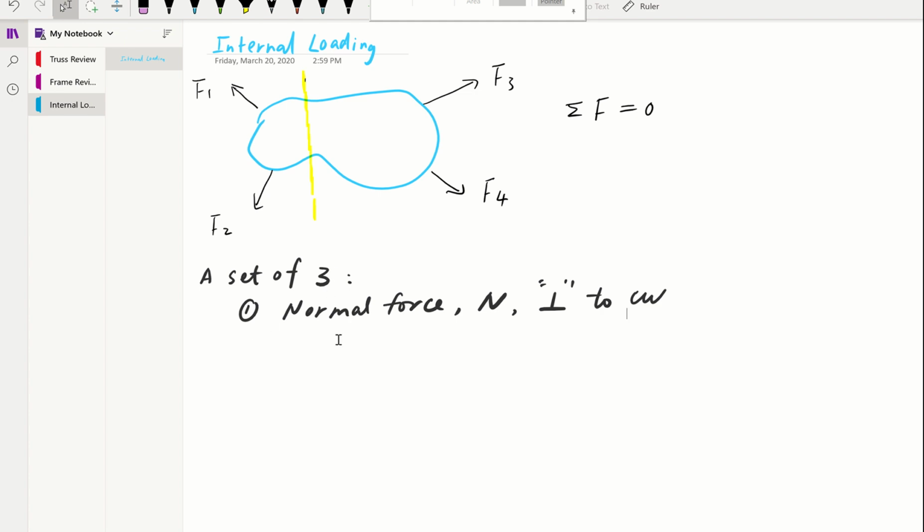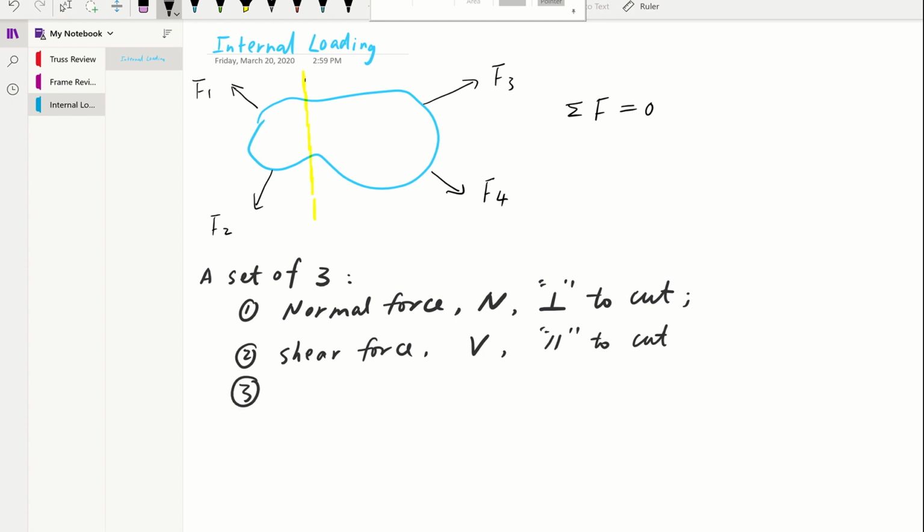The first one is the normal force, N. It has to be perpendicular to the cut. Then we also have our shear force, which we call V. Shear force is going to be parallel to the cut.